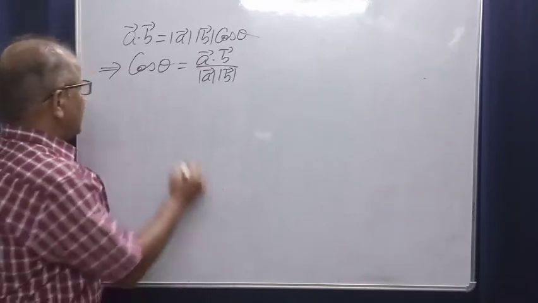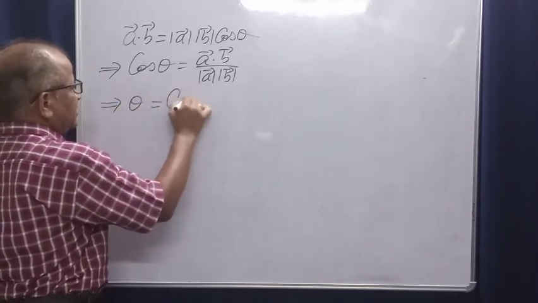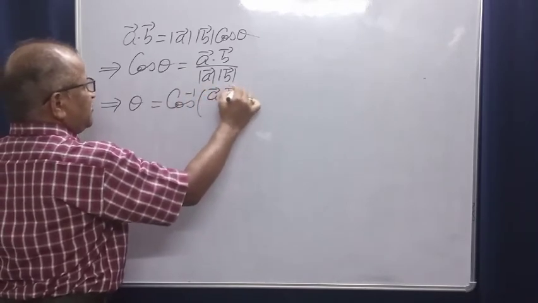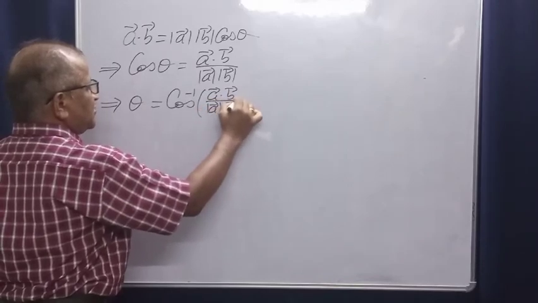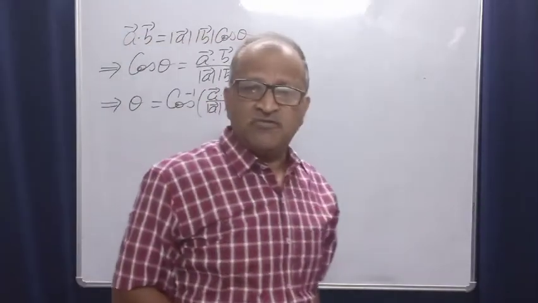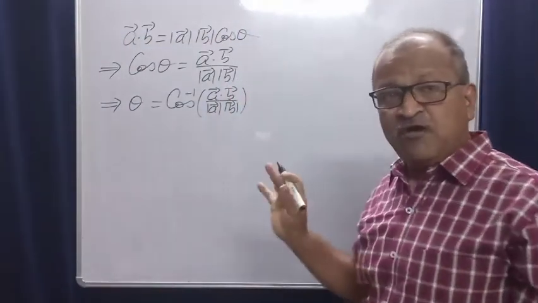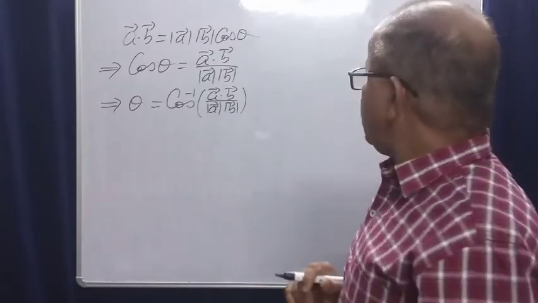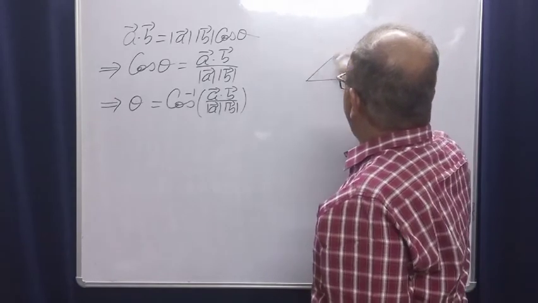That means theta, the inclination between two vectors, is given by theta equals cos inverse of a dot b by magnitude of a into magnitude of b.